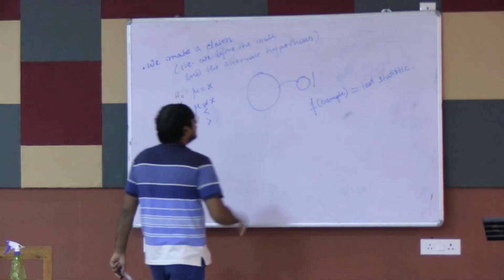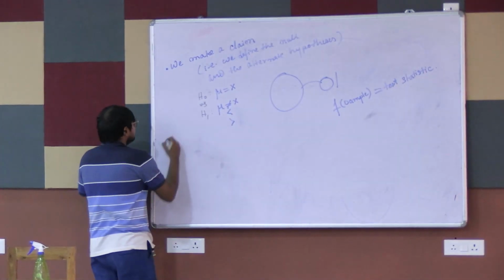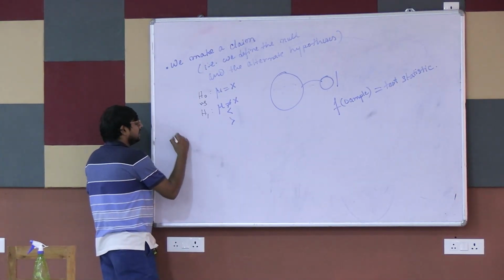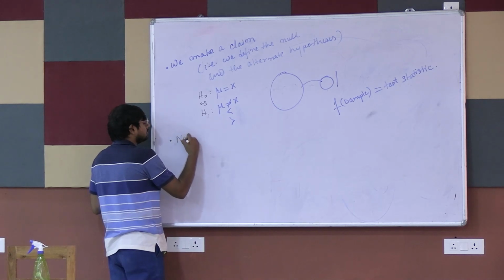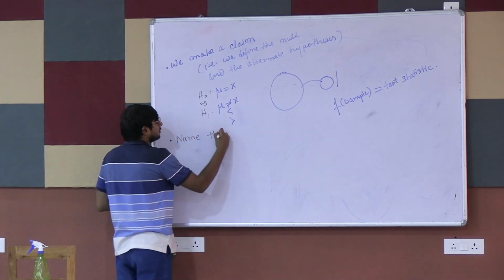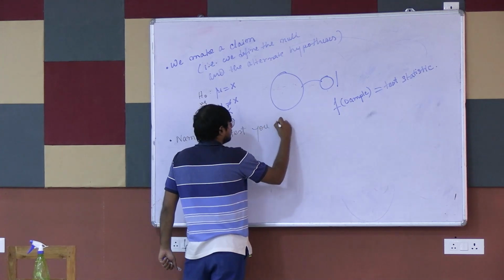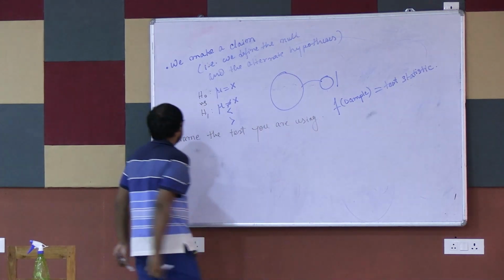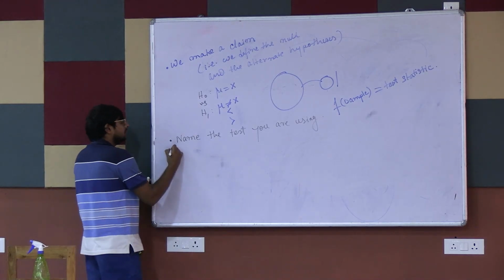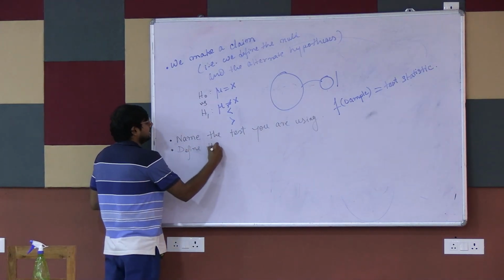This will be different for different tests. So, the first step is this. The next step is define the test, or at least name the test you are using, and after that define the test statistic.